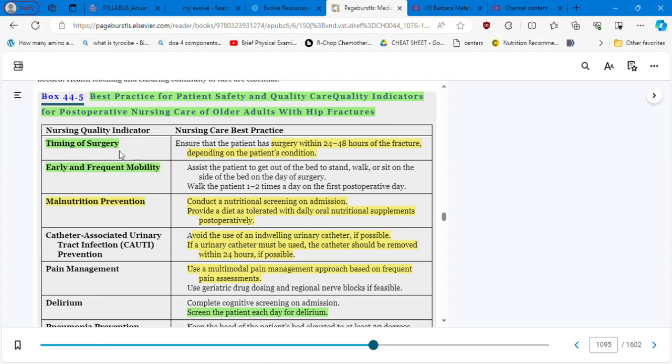You have the timing of surgery, within 24 to 48 hours of the fracture, depending on the patient's condition. You have to make sure the patient gets surgery within this period of time.